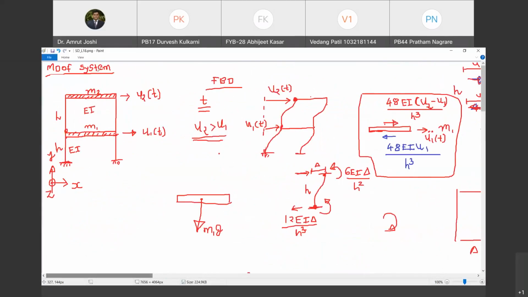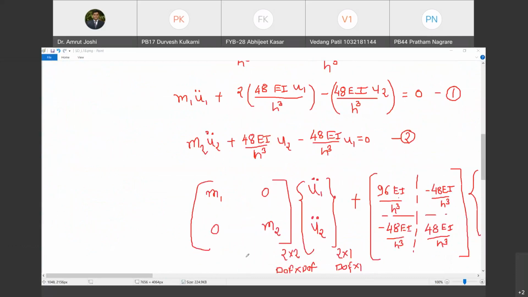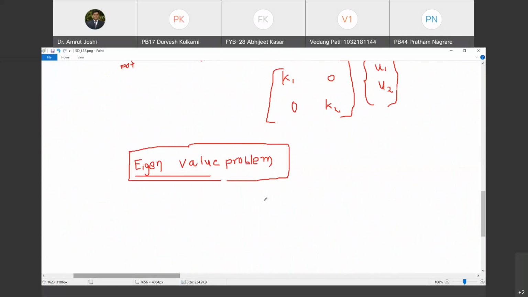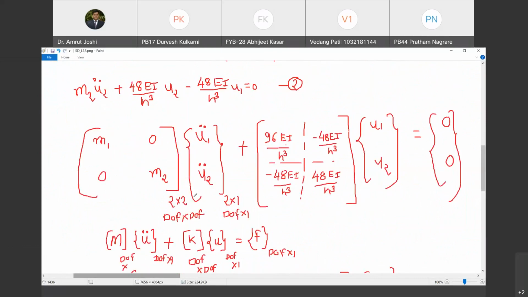So in last class, we considered this single bay 2-story frame, found out the equation of motion, and put the equations of motion in matrix form like this. This is the mass matrix, this is the stiffness matrix, this is the matrix of unknown displacements at the levels of two masses m1 and m2, and these are the accelerations which are dependent variables.